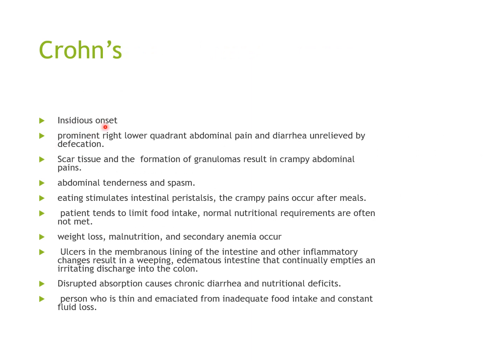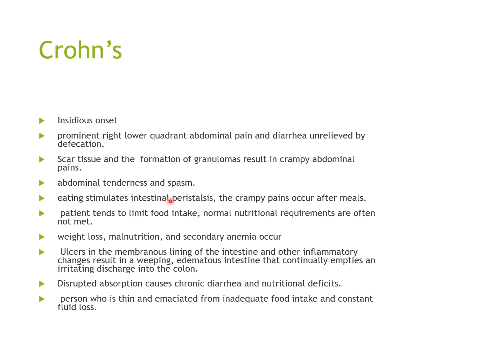So Crohn's does have an insidious onset. It has primarily right lower quadrant abdominal pain and diarrhea that's unrelieved by defecation. Once again, you're paying attention to what's unique about Crohn's: right lower quad abdominal pain and diarrhea unrelieved by defecation. You're getting scar tissue and the formation of granulomas that gives you crampy abdominal pain. Abdominal tenderness and spasms can happen.